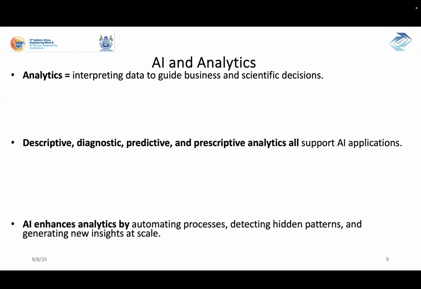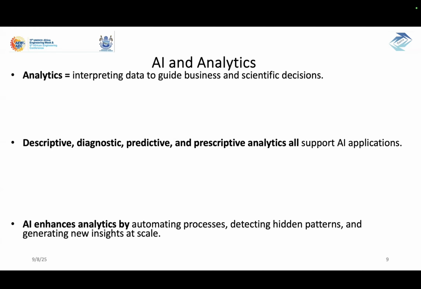Without those, AI cannot work alone without analytics, because analytics, those 4 areas, have to support the AI. So basically, AI enhances analytics by automating the process, detecting hidden patterns, and generating new insight at scale. So they work hand in hand.